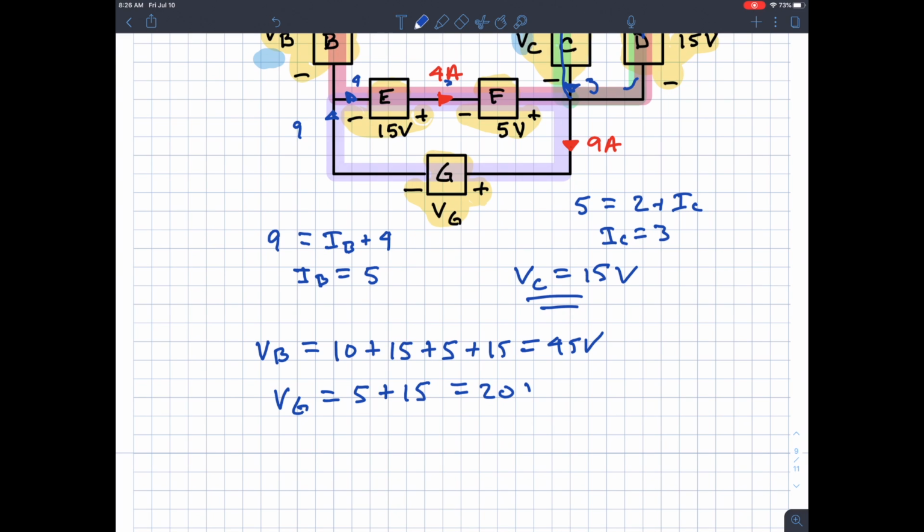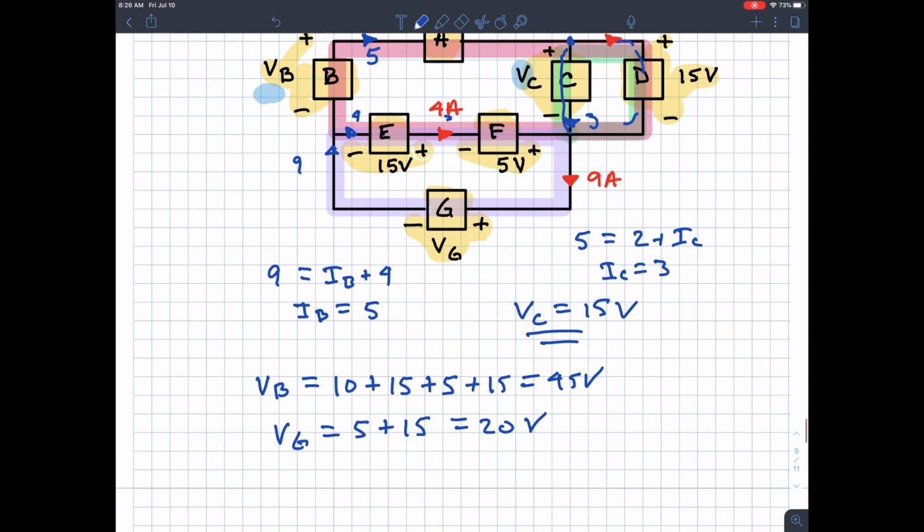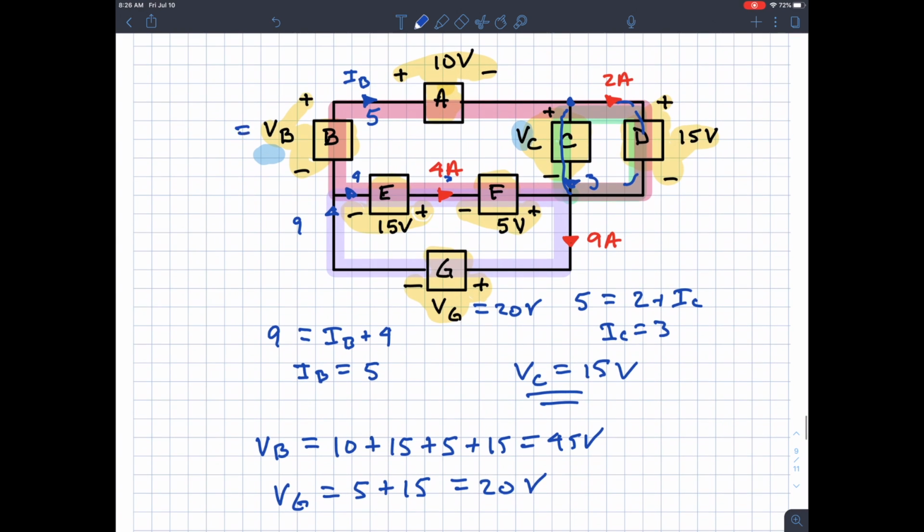So VG is 20 volts. Okay, so good. Let's mark these on the diagram. VB is 45 and VC is 15. All right, let's clean this up a little bit. From there, I can calculate the power associated with each element.